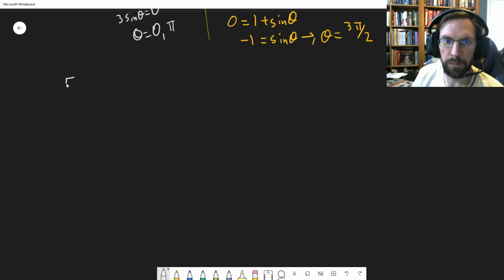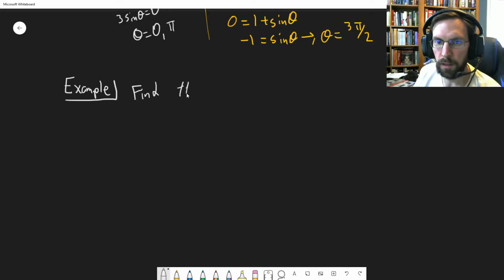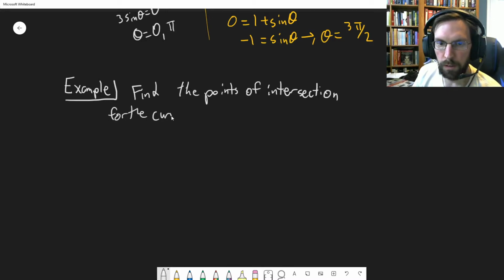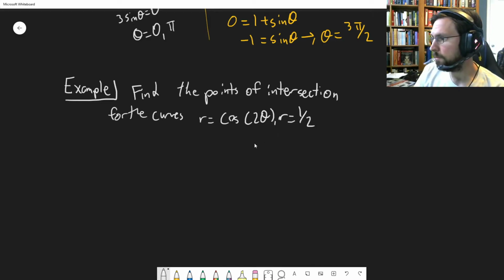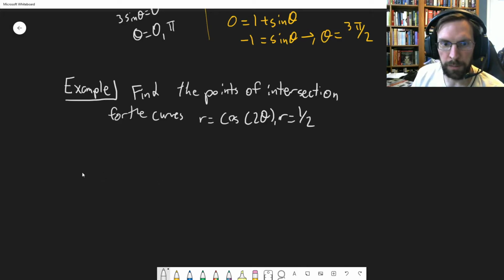In this example, we want to find all the points of intersection for the curves r equals cosine 2 theta, and r equals 1/2. Okay, so r equals cosine 2 theta.